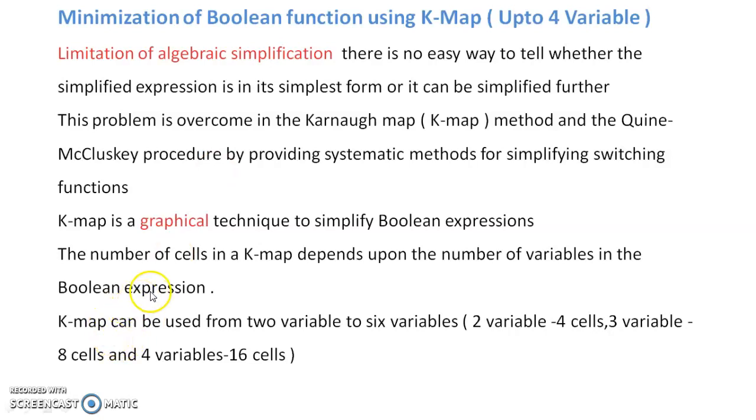The number of cells in a K-map depends upon the number of variables in the Boolean expression. K-map can be used from 2 variables to 6 variables. 2 variables, 4 cells; 3 variables, 8 cells; 4 variables, 16 cells. We are studying the 2 variable, 3 variable and 4 variable K-map.